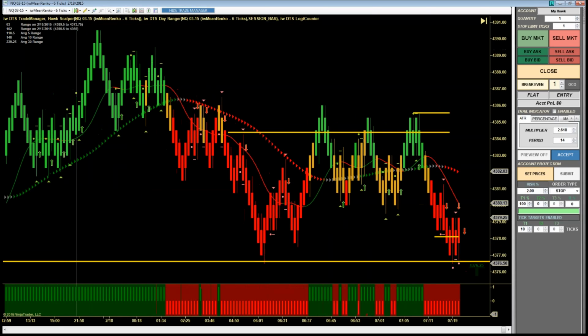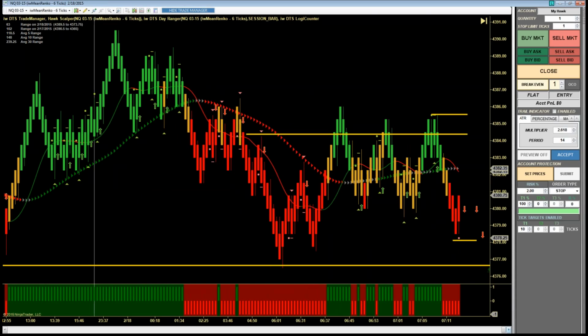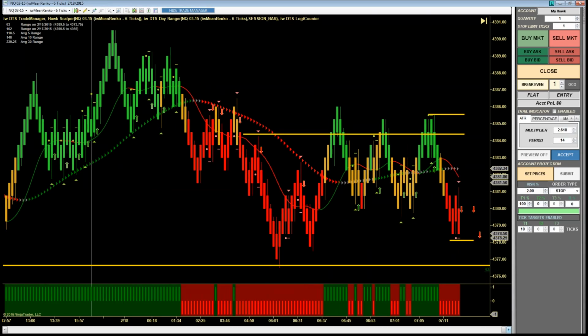That was a test and retest of the support area, or the second wave, or a 5-wave Elliott, or whatever, and they see all of it in hindsight. Well, trading in hindsight is easy, right? And trading in hindsight obviously doesn't make you any money.